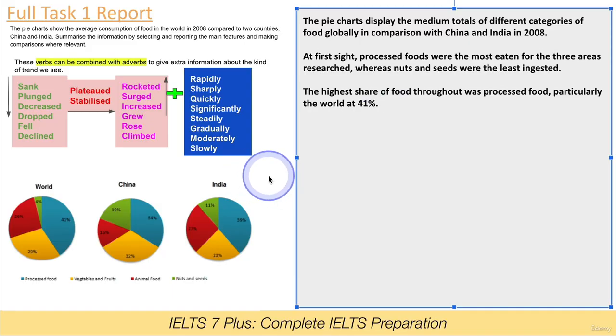There we go, that felt a bit wordy. The highest share of food throughout was processed food. Okay.